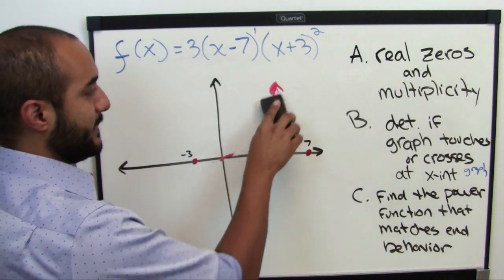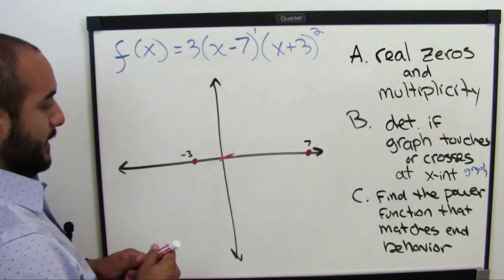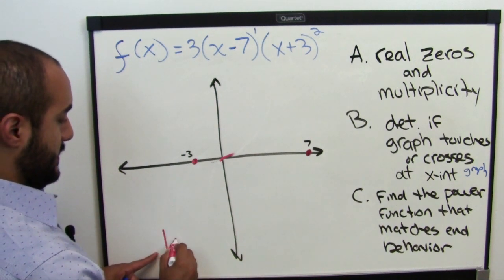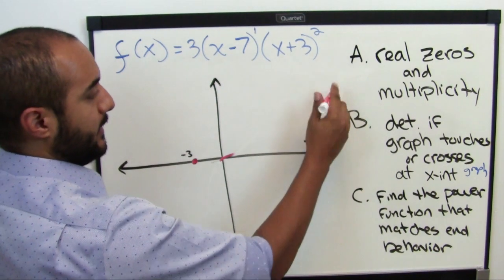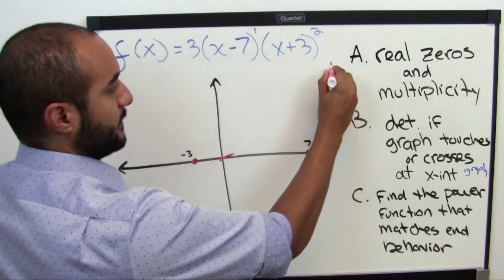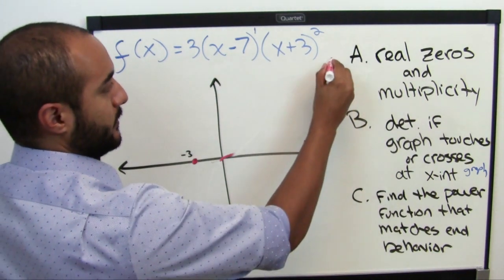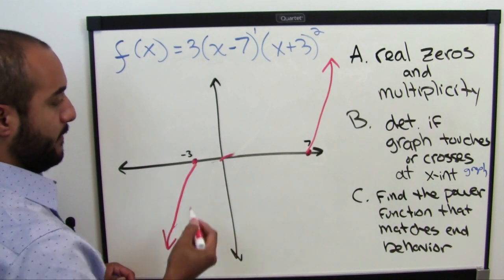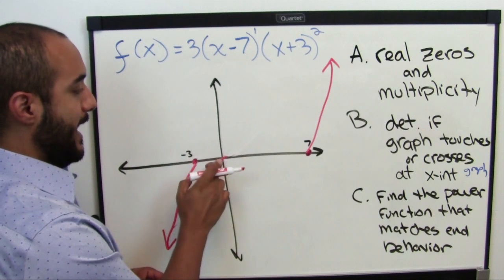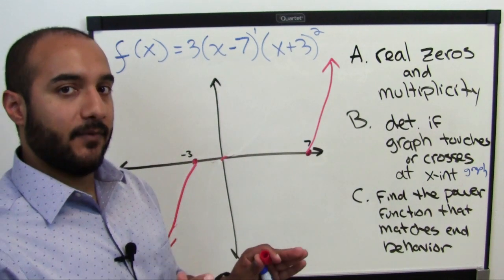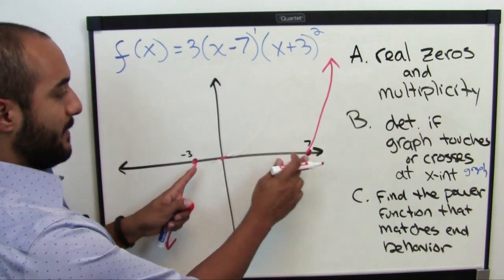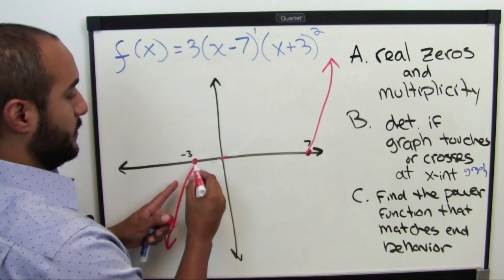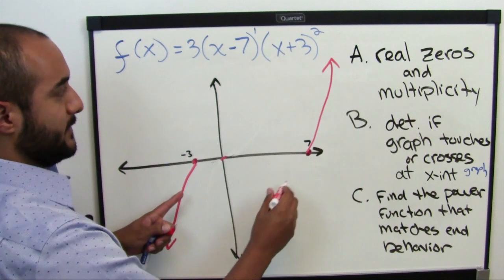By knowing that, that's already helping me graph. I know it's going to look something like this on the left, and something like that on the right. So I have the end behavior of my graph already made. But something happens in the middle. This will either go up and back down, or do this.